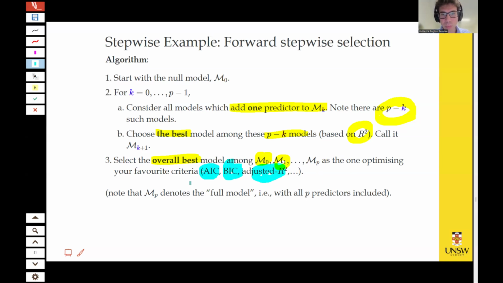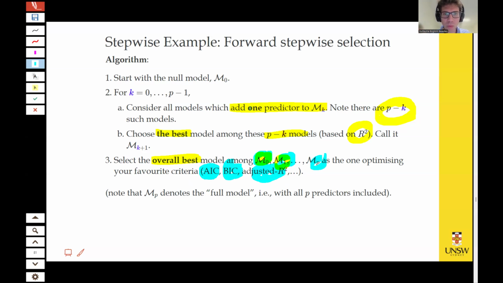Obviously, in this step it's important to use a proper metric, not just the R-squared, because all those models have a different number of predictors. So we need to adjust for the size, the complexity of the model. I hope that's relatively clear.